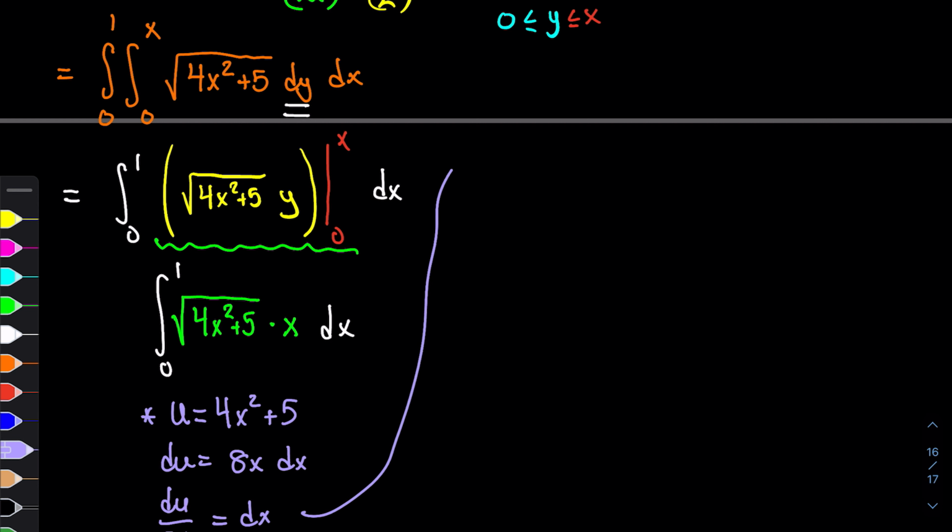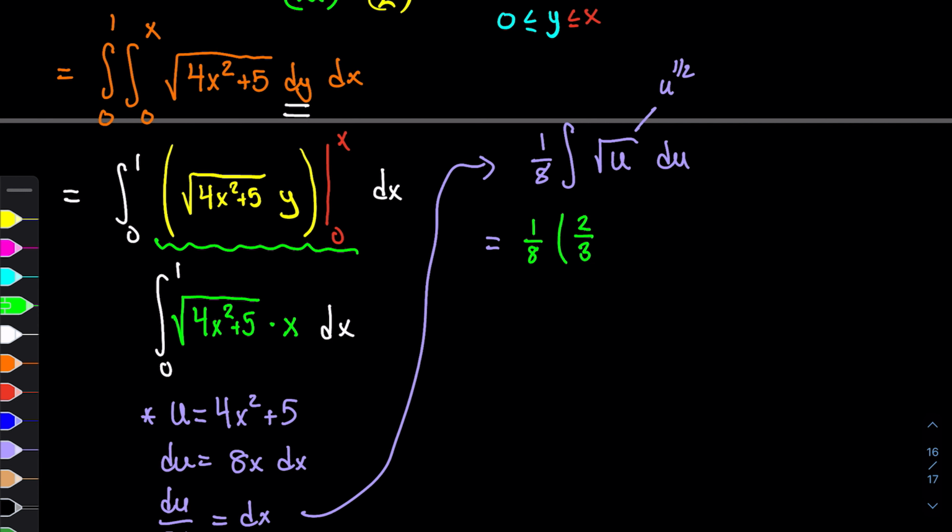And so this is going to lead us to an integral of 1/8 the square root of u du, and the square root of u is the same thing as u to the 1/2. So doing the antiderivative there, we're going to get 1/8, and then u to the 1/2 becomes u to the 3/2 divided by 3/2, so that'll be 2/3 u to the 3/2.